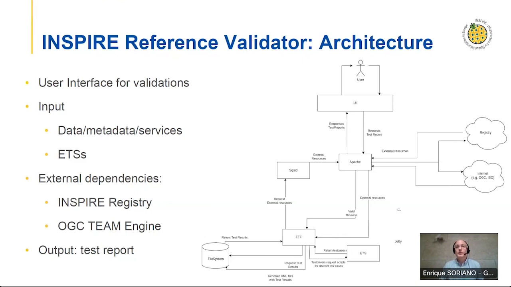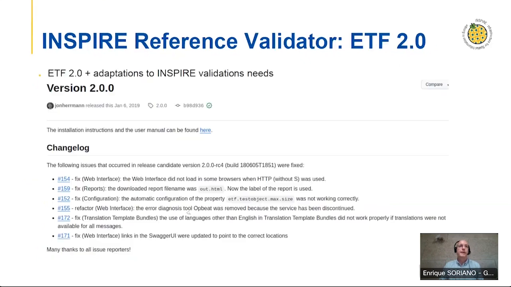And this is one of the main key differences and enhancements that the INSPIRE Reference Validator has in its architecture in order to make the validations available to the INSPIRE community using the ETF. So we are complementing the ETF with that functionality.